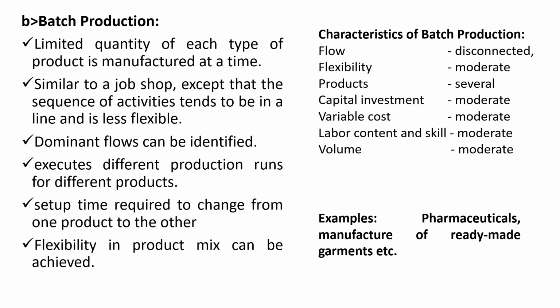Now the disadvantage of this batch production is the setup time required to change from one product to another, but the advantage is that some flexibility in product mix can be achieved. So we can have a wide variety of products using batch production. But since the machine has to be changed, the requirement for the setup time is the biggest disadvantage for batch production.